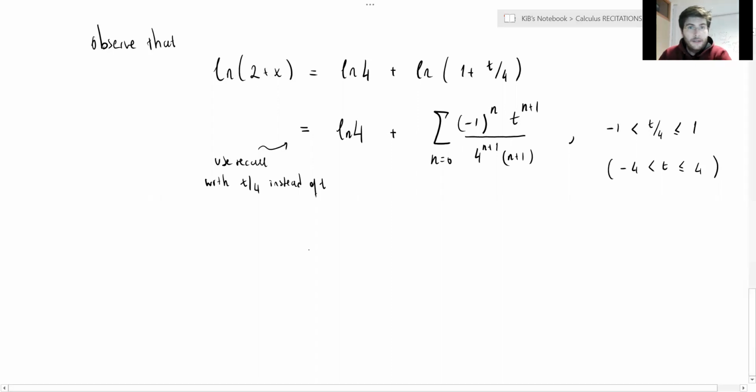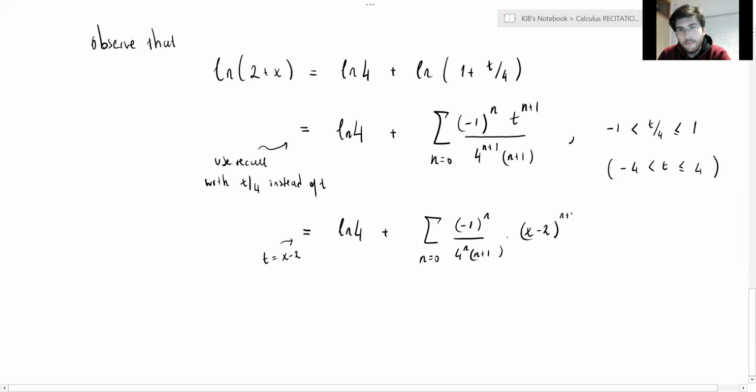And fine, of course, we just introduced t, so let's go back. t was x minus 2. With this substitution, we have logarithm 4. Everything is fine. Now we have n starting from 0, with this term, but instead of t, we have x minus 2 to the n plus 1.